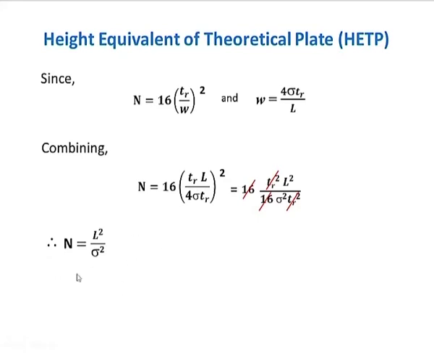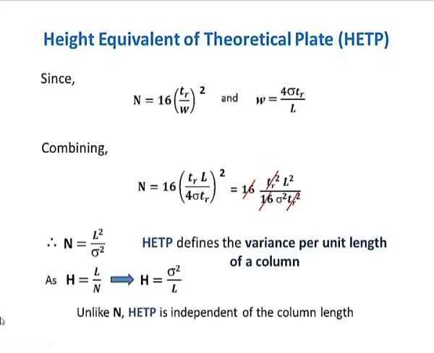Now, what is the significance of this equation? We have seen that height corresponding to a theoretical plate H is equal to length of the column upon n, which is number of theoretical plates. Now, if you put this value of n and substitute into this equation, what do we get? We get H equals sigma square upon L. What does that mean?